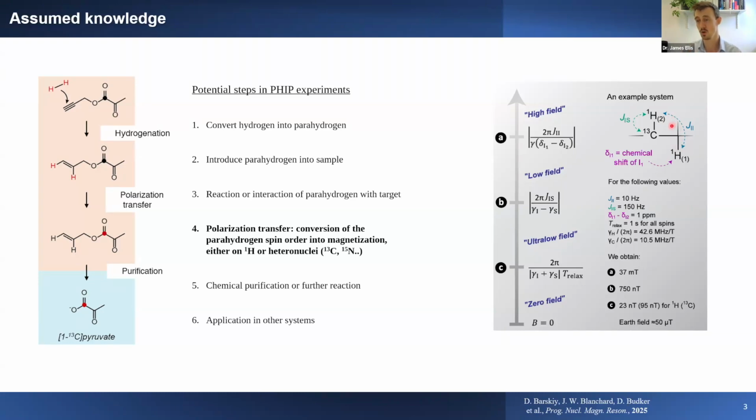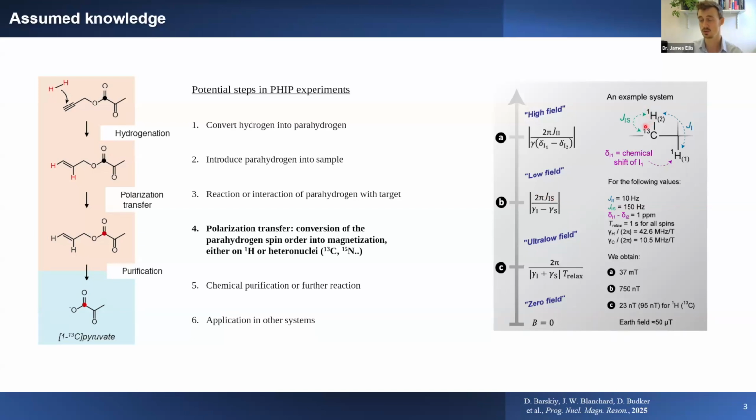And for a small molecule where you've got ppm chemical shift differences between protons, that field would be of the order of a few millitesla normally. We then have the boundary between the low field regime and the ultra-low field regime. And this boundary condition is where J couplings between spins of different isotopic species are the same order of magnitude as the Larmor frequency differences.